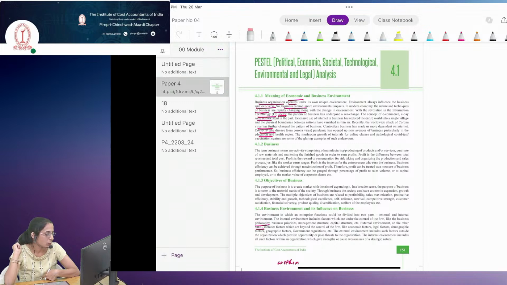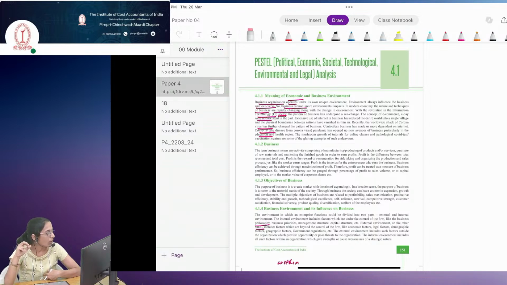Legal factor means: if I am starting a new business or operating in a particular business, I have to follow some rules and regulations, right? If I don't follow the rules and regulations of the particular country, I will be fined, and my products might be banned by that country. So I have to take into consideration these legal factors and then produce.